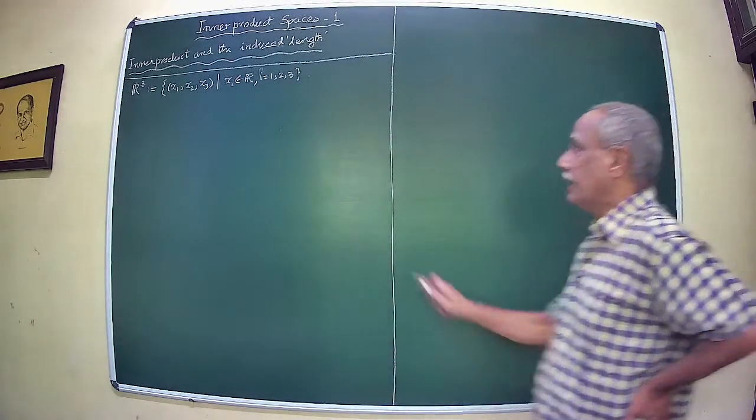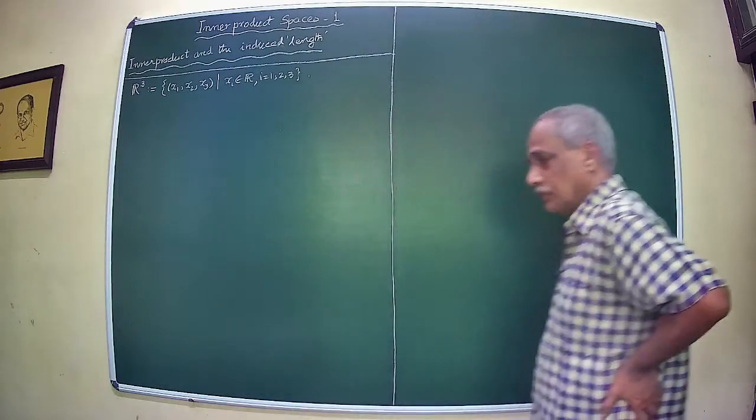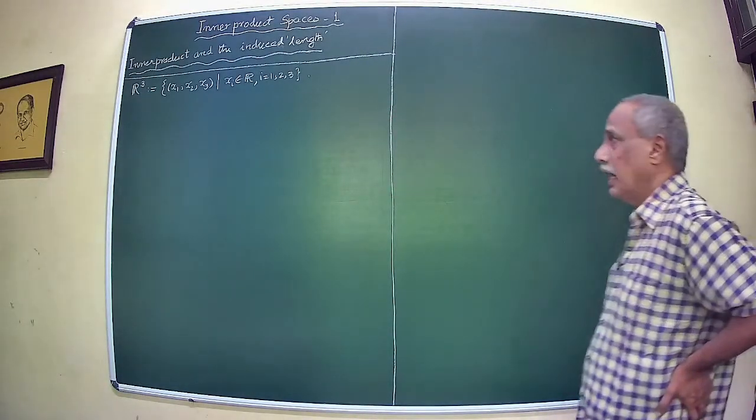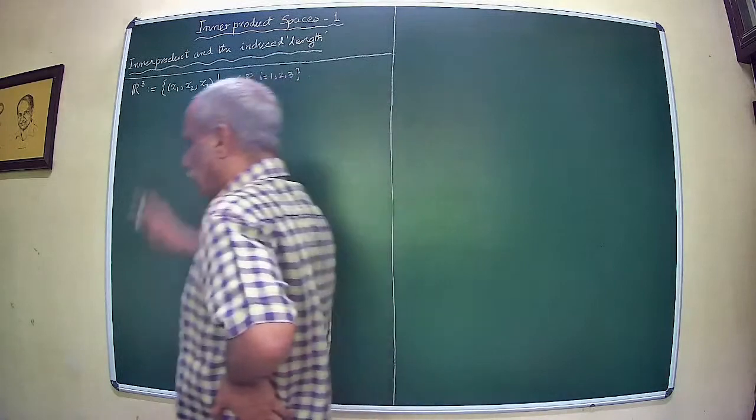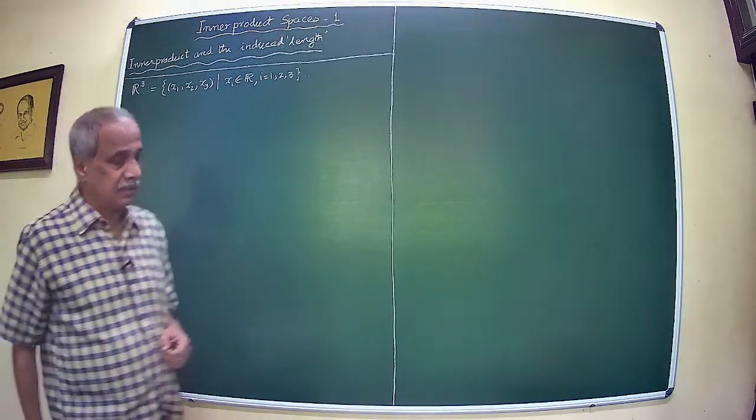And you look at the entire collection of these triples. And R2 will be, of course, an ordered pair (x1, x2) with the xi belonging to R analogously.